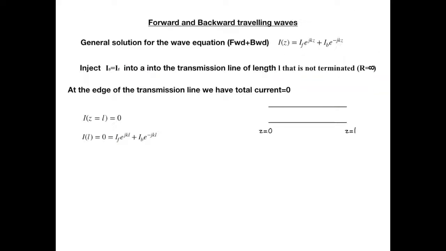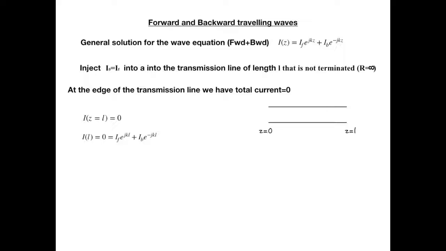Going back to traveling waves, we have two solutions, the forward traveling wave and the backward traveling wave. Suppose we inject some forward wave into the transmission line and suppose that we have a finite length L. We don't place anything at the other end, at z equals L. We just leave it open, namely infinite resistivity.